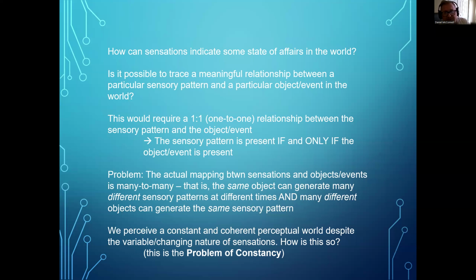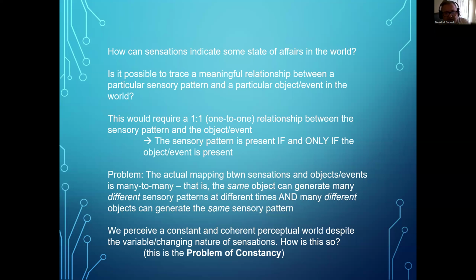And the same thing applies to the doorway, right? If I'm looking at the door from the left or the right, then I don't have the same sensory pattern. So, going back to our door example, a one-to-one relationship between object and sensory pattern would mean that every time I look at a door, I have the exact same sensory pattern. The presence of one object, a door, always results in one same sensory pattern at the retina.